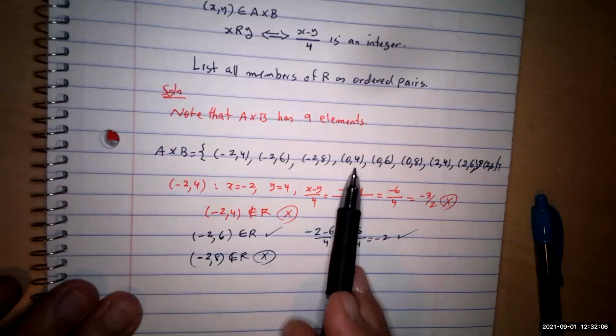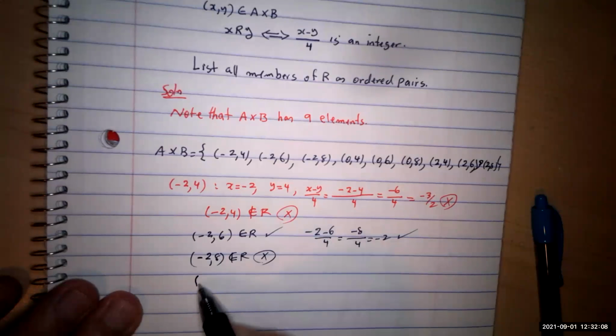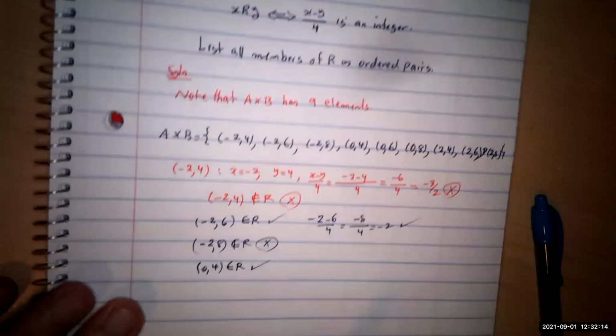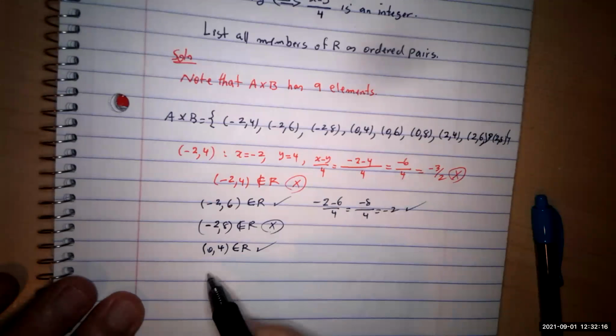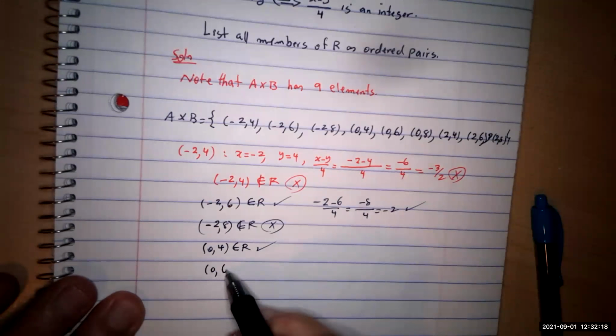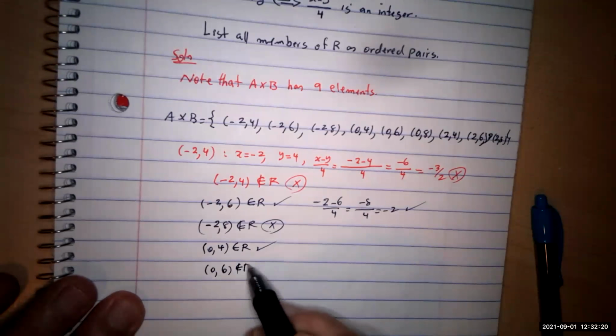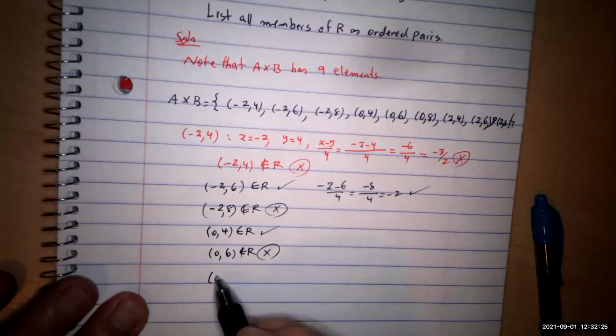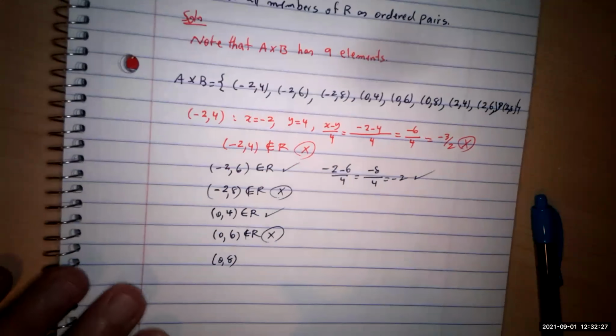Next, 0 and 4 is good, because the difference is 4, and 4 is divisible by 4. So that's a good one. 0, 6 is not, because the difference is 6. 0, 8 is a good one, because the difference is 8.